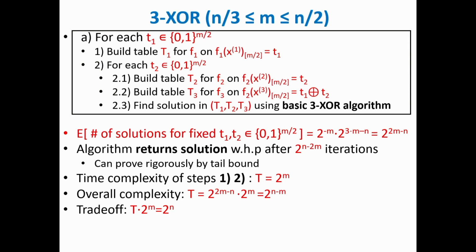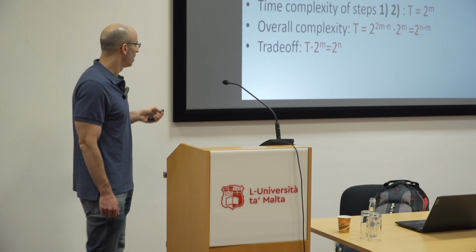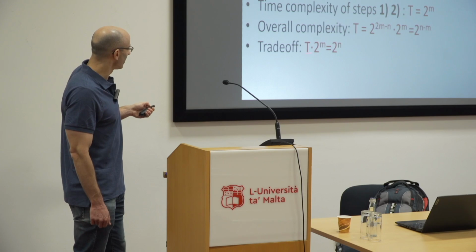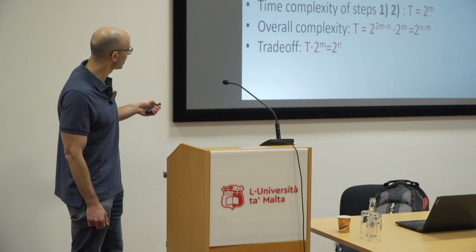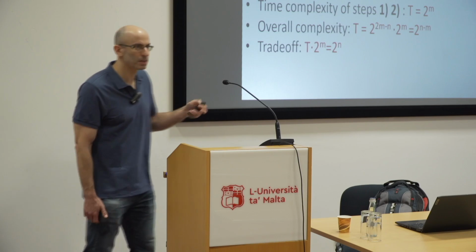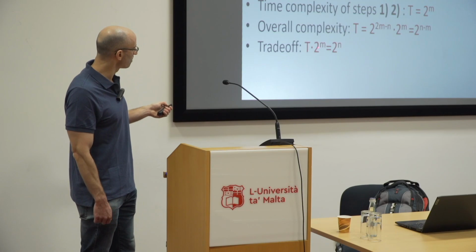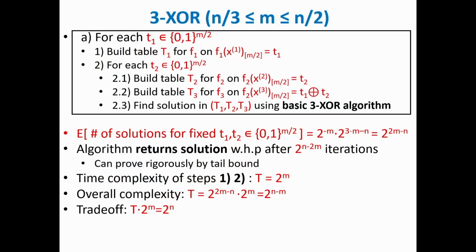If you do the calculation, and again, I'm not going to do it because we did something very similar, you get this trade-off: t times 2 to the m equals 2 to the n. So if you plug in m equals n over 2, that's the regime where you have many solutions, then the time complexity is 2 to the n over 2. That is what we obtained with the algorithm where we have many solutions. And if you plug in m equals n over 3, you get 2 to the 2n divided by 3.